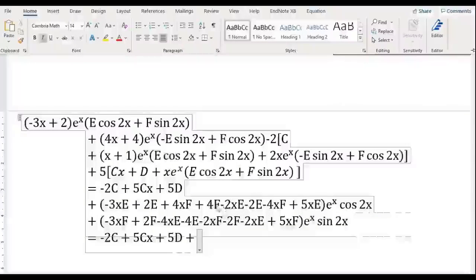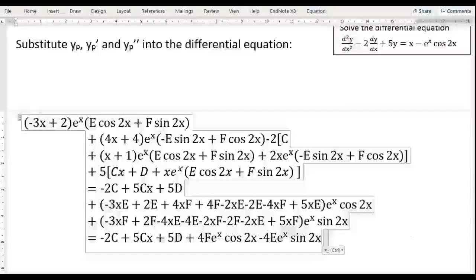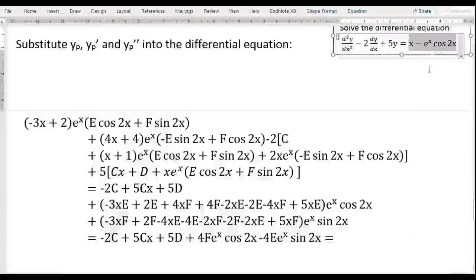So we have 4f. Okay, what about this? And this one is equivalent to this.